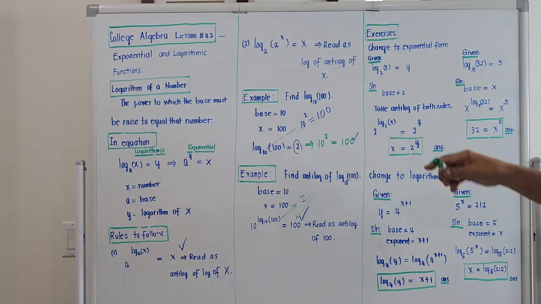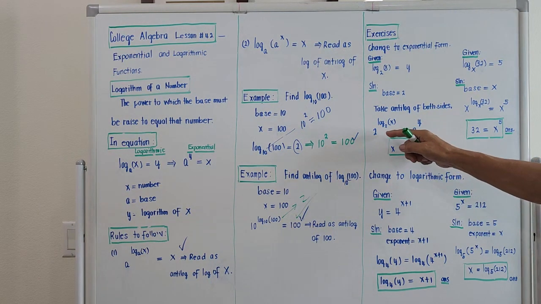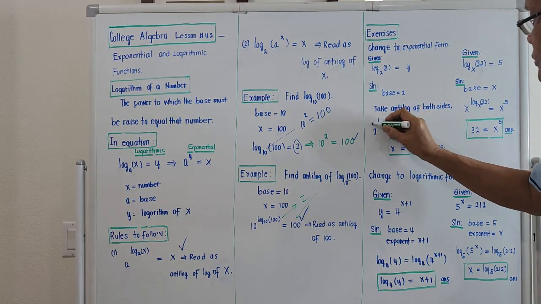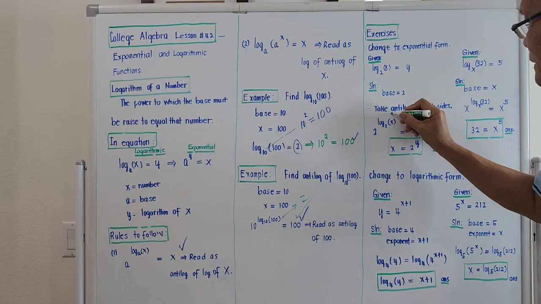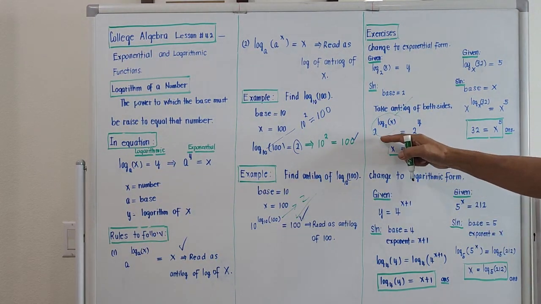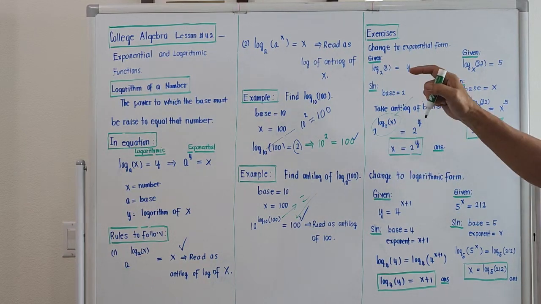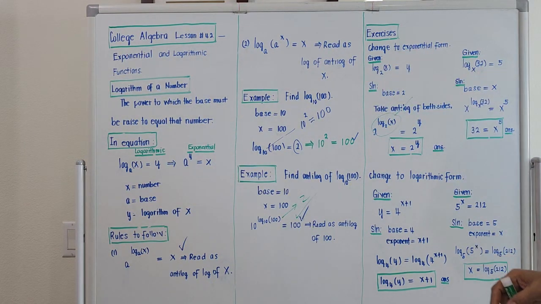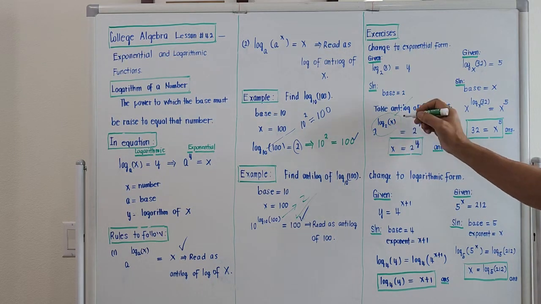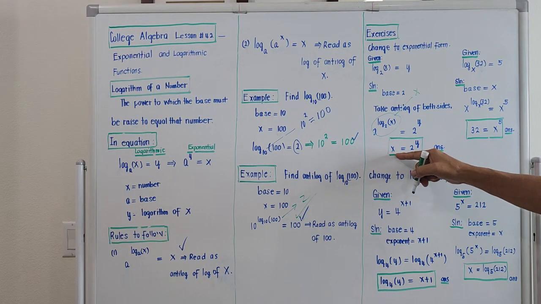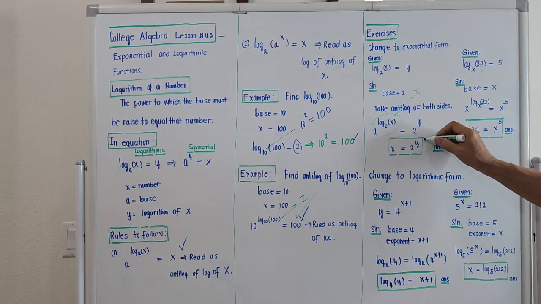But if we try to simplify the left hand side, what will be the simplification of this? What will be the simplification of this one? Because if we try to read this one, the antilog of the logarithm of any given function is just the given function. So the simplification of this will just be simply x. So x will be equal to 2 to the y.